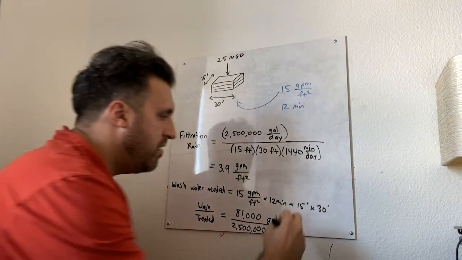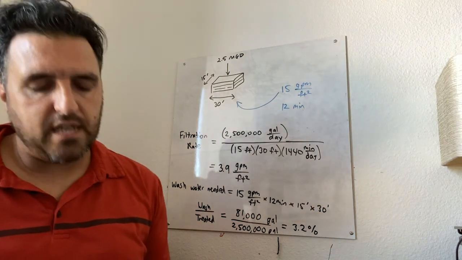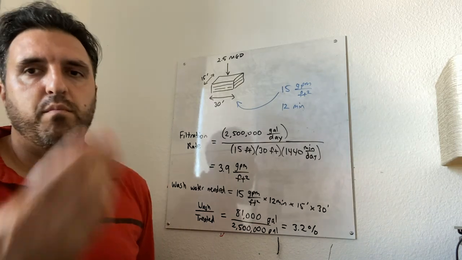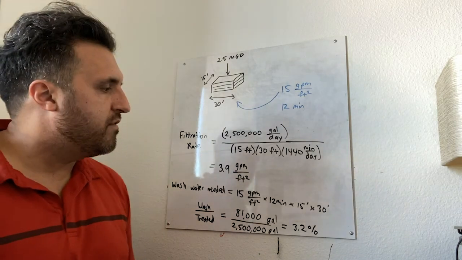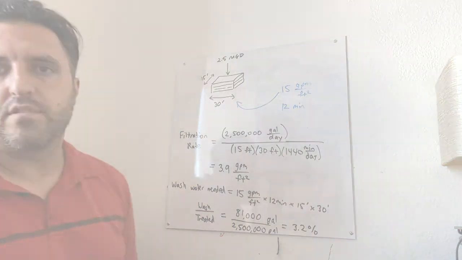And that gives a rate of about 3.2%. So basically 3.2% of the water that we treat needs to get used for backwashing, so it won't be available for production. Therefore, the efficiency of this filter would be 96.8%.